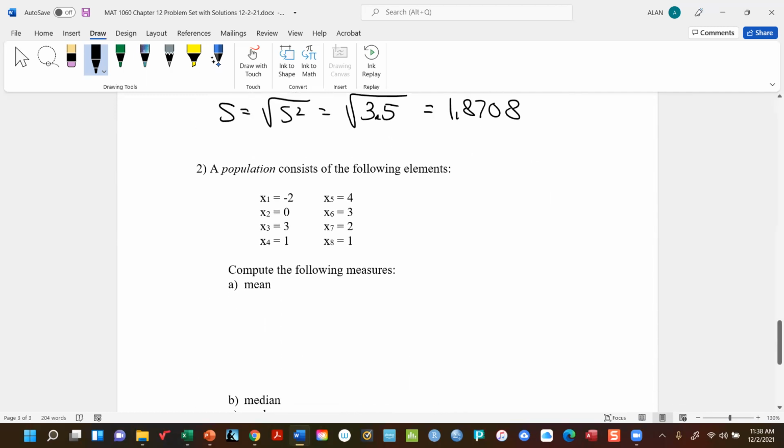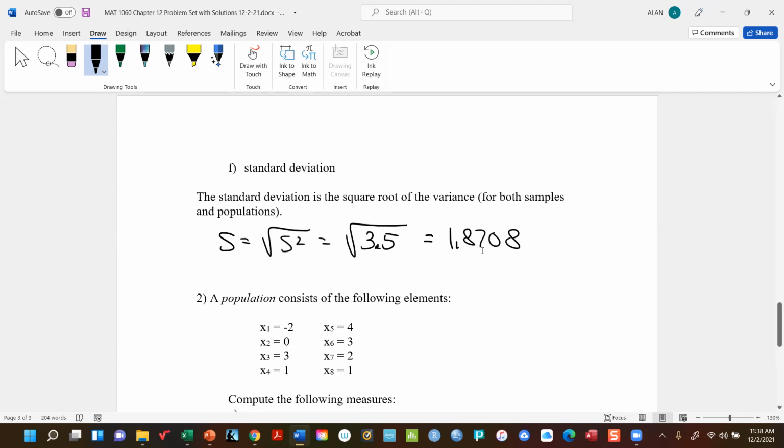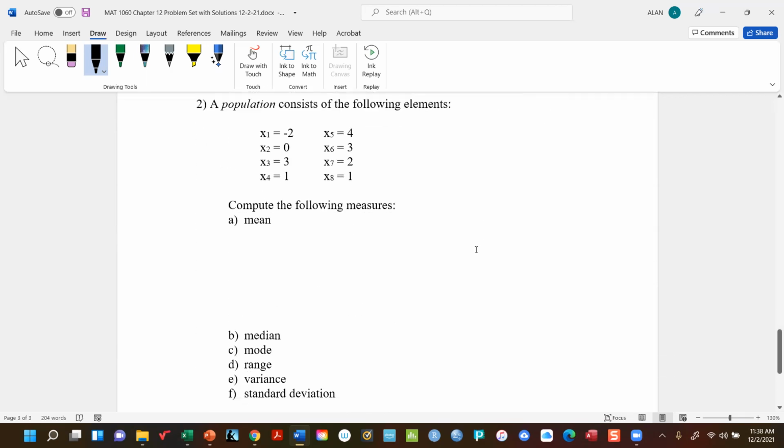All right, now the mean, now also the notation is slightly different, although that's not such a big deal. Let's see, the first one.